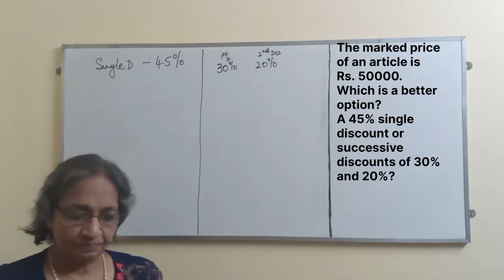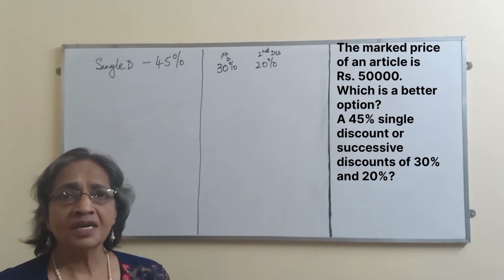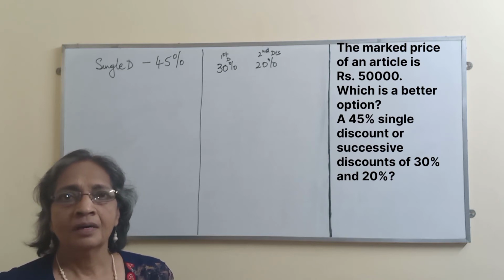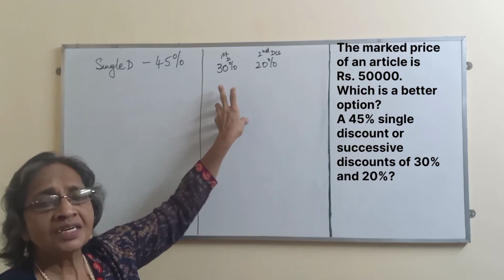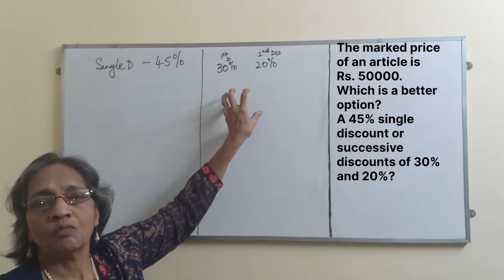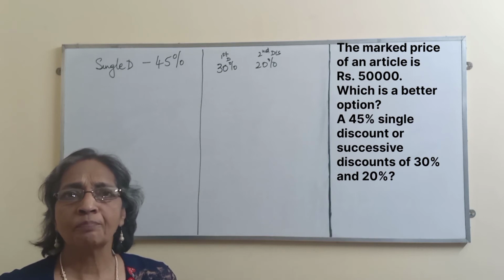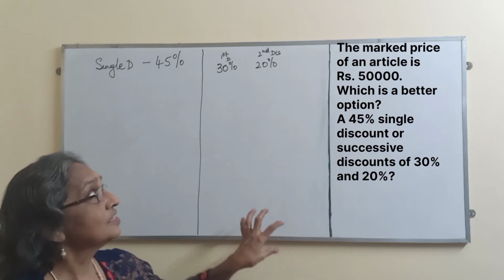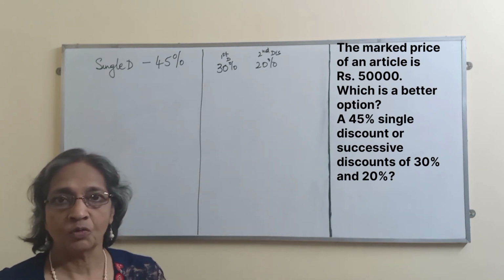Jaise, take an example. You go to the shop. 50,000 is the marked price of whatever you need to buy. Then the salesman there tells you, okay, I will give you a 30% discount. Then when you go to pay the bill, you happen to know the person who is sitting at the cash counter. He will say, okay, I will give you another 20% discount.